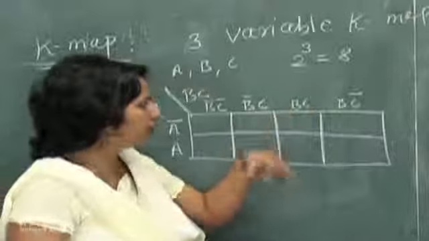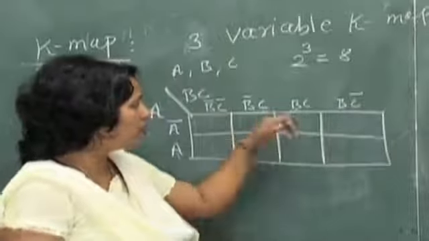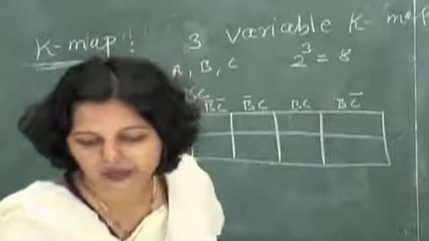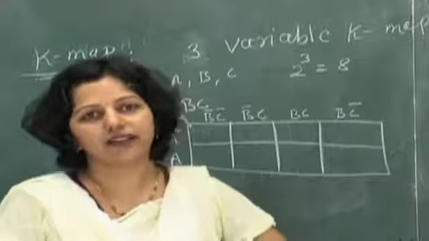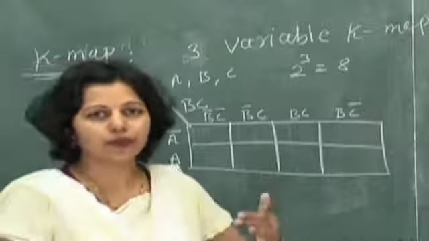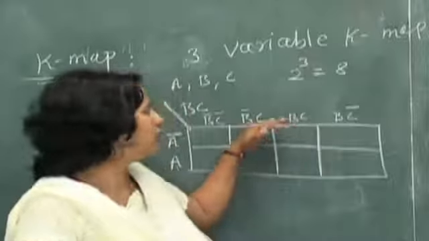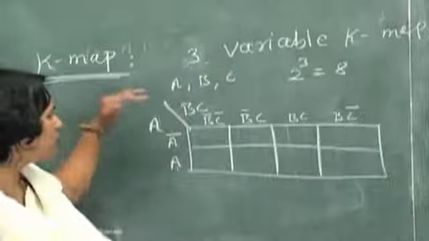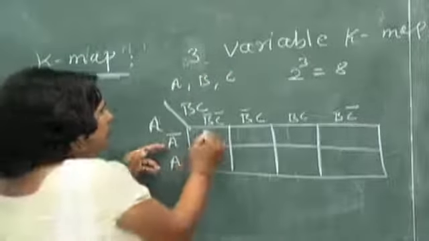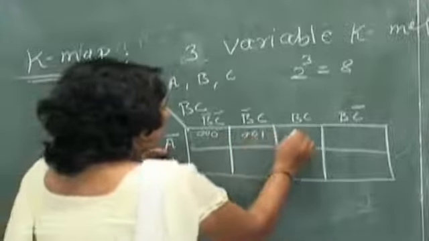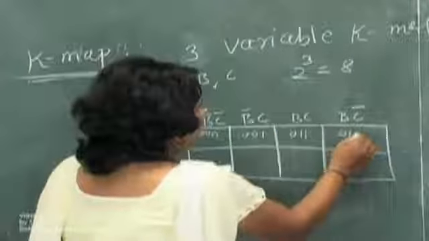That is why for simplification purposes we are using Gray coding. The characteristic of Gray coding is that each code differs from the previous code by only one bit change. This characteristic we are going to utilize in the K-map. So in the 3 variable K-map, again this will become 0 0, 0 1, 1 1, 1 0.